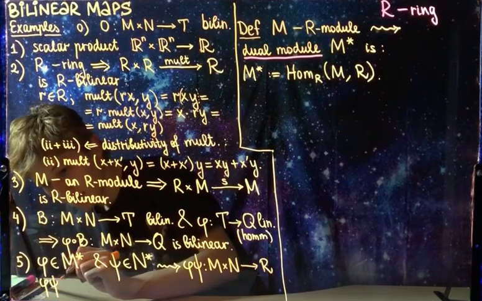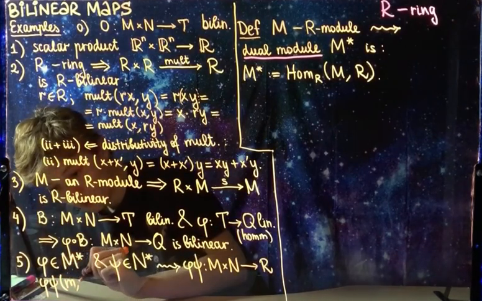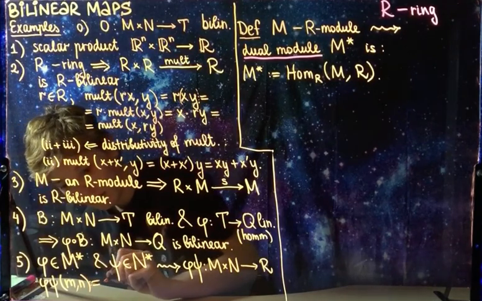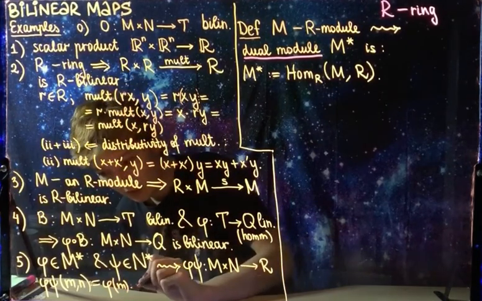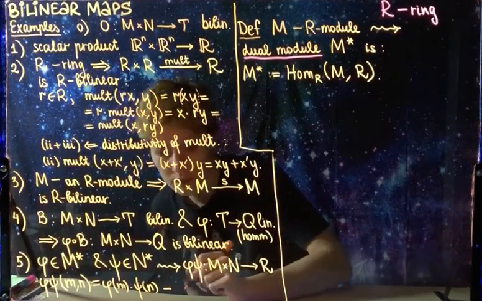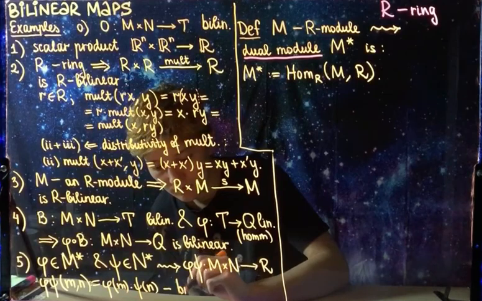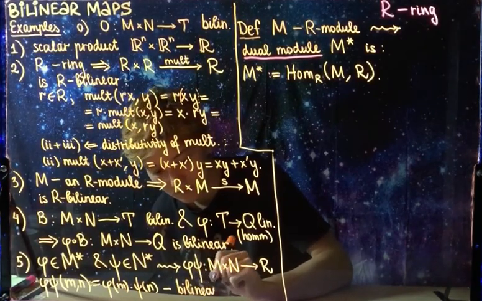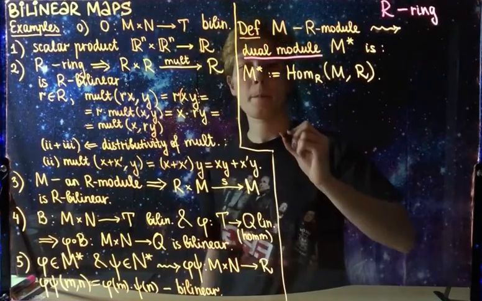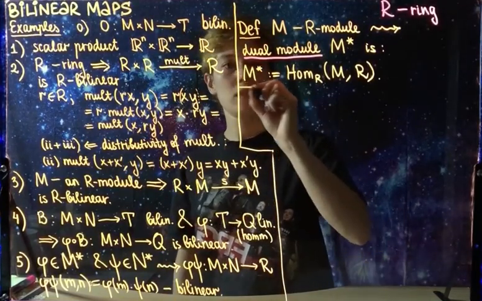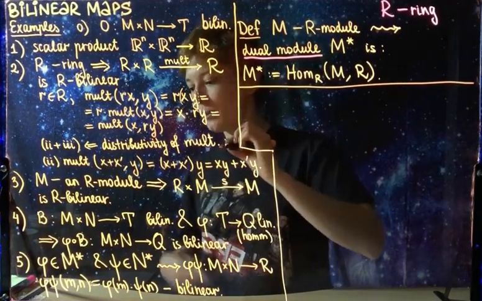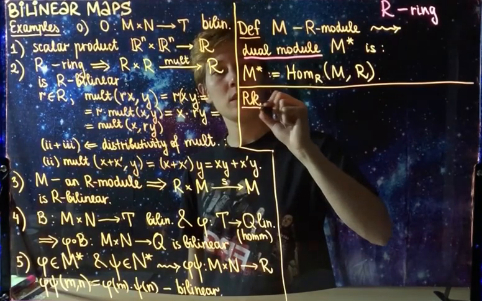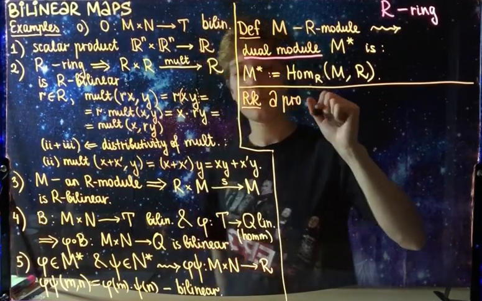Phi psi applied to m comma n is defined as the product of phi applied to m and psi applied to n, and this is bilinear. So basically, example number 5 tells us that a product of two linear things is bilinear.